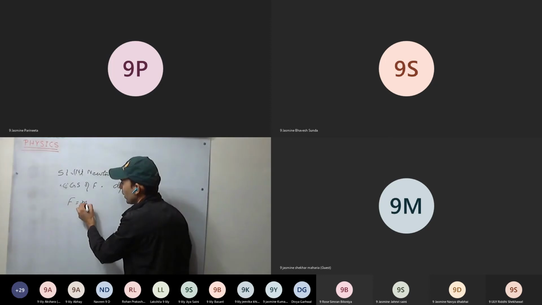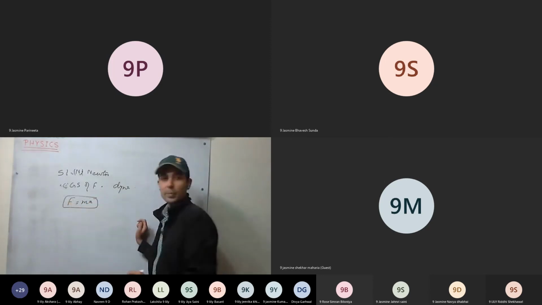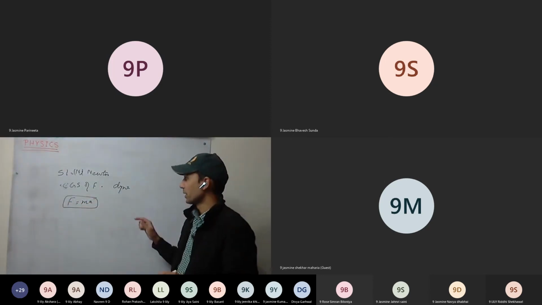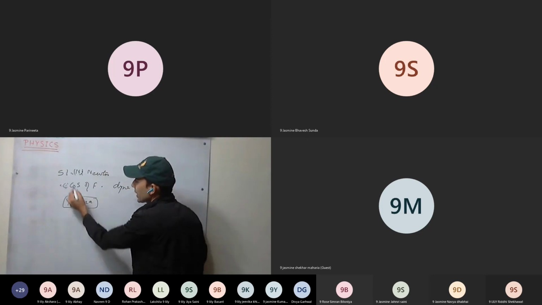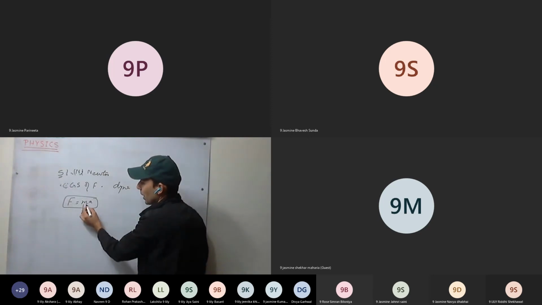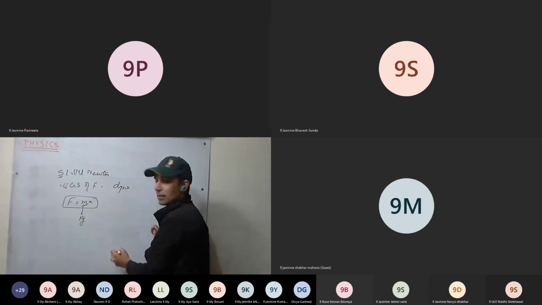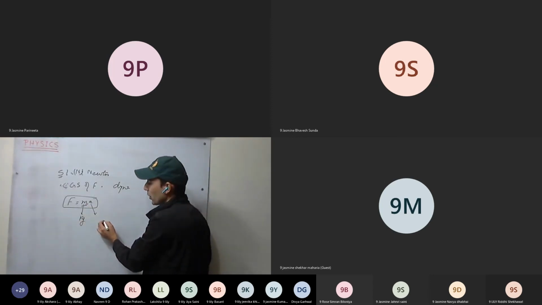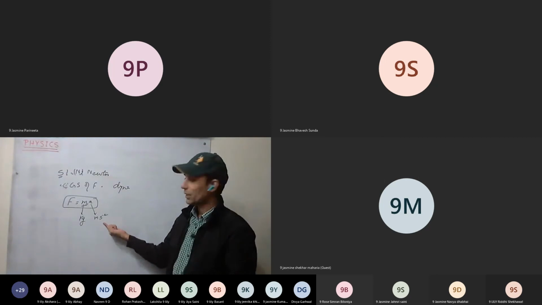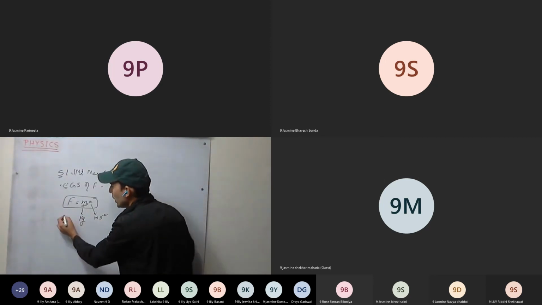F equal to ma. This is the equation for force. SI unit we are discussing. SI unit of mass is how much? Kg. Acceleration is what? Meter per second square. This is the unit of acceleration. And the unit of force is Newton.